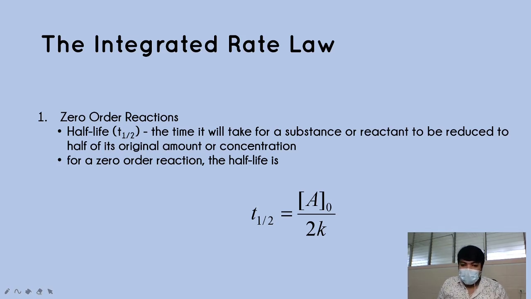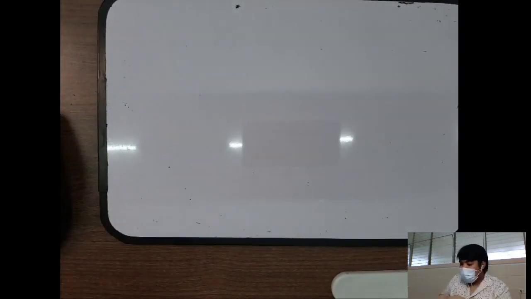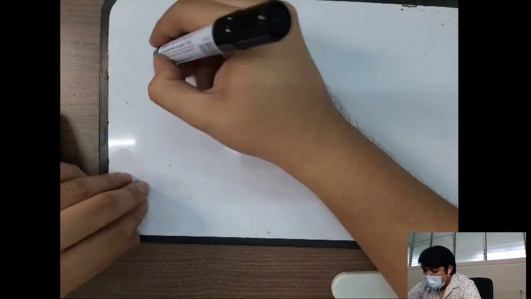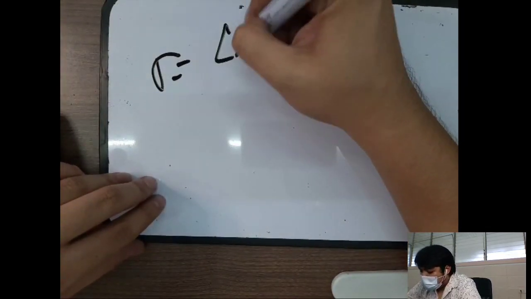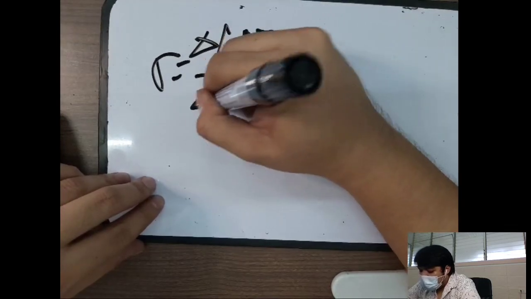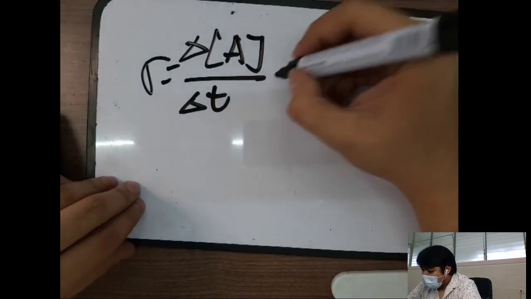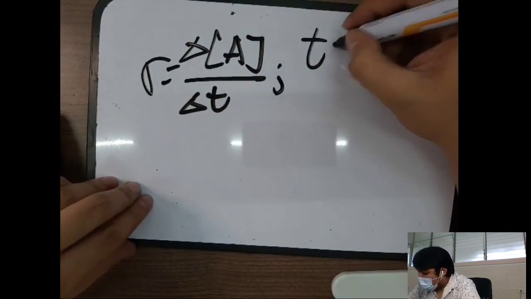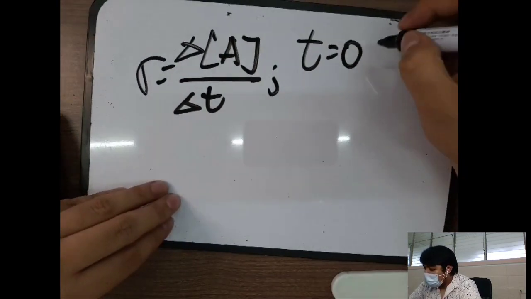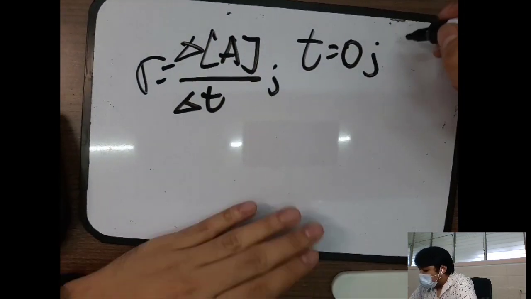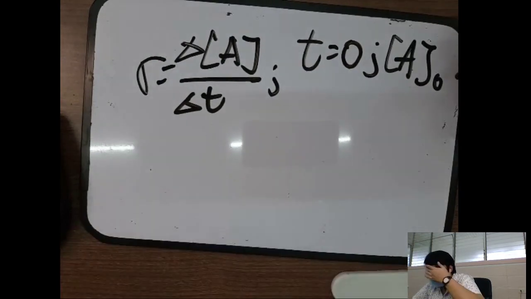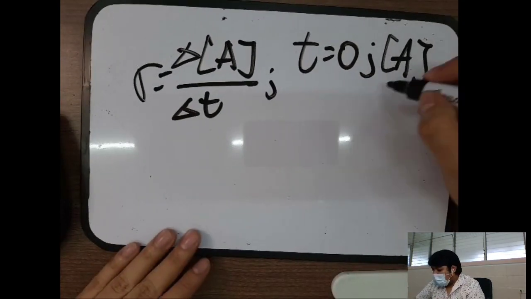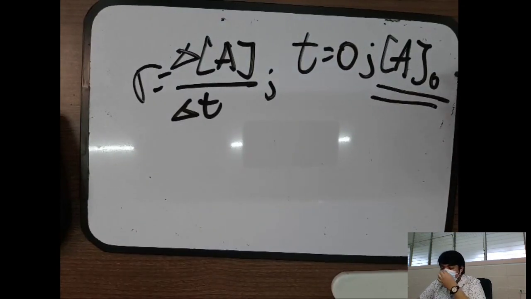Again, remember that the rate of a zero order reaction is delta A over delta T. Initially, at T equals 0, the concentration of the reactant is given by this value, our initial concentration.